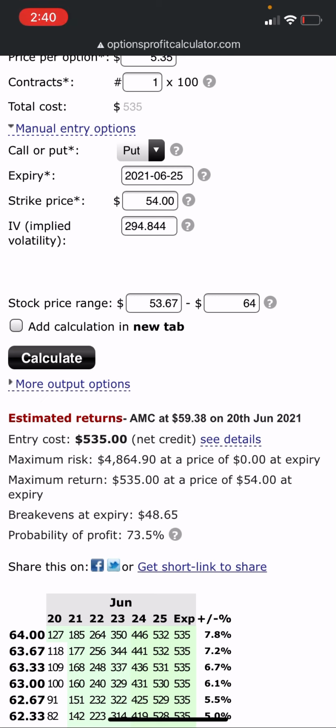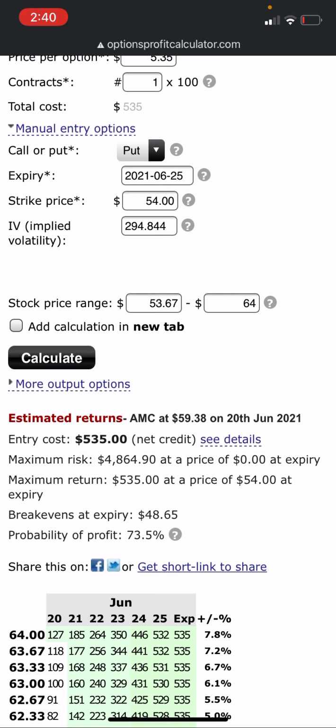They could have bought to cover right there and closed their position, and they would have been at a profit because they had to pay a lot less. But now AMC is at $60, so they owe a whole bunch more than what they borrowed, because AMC is more valuable.